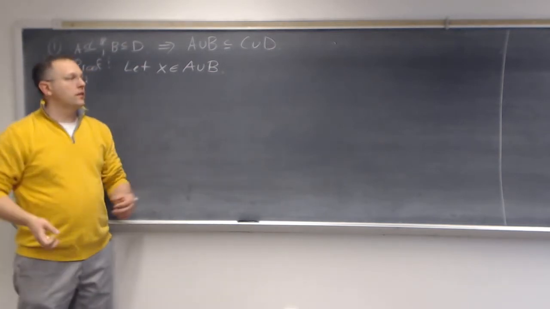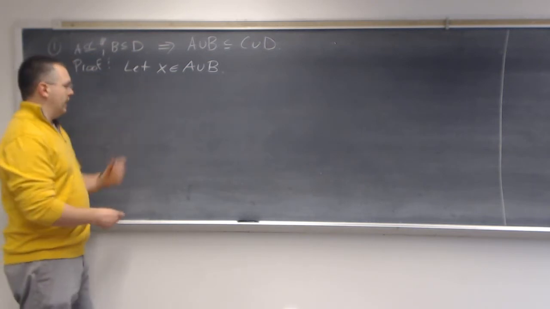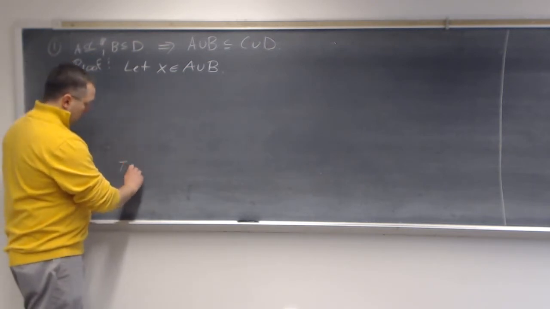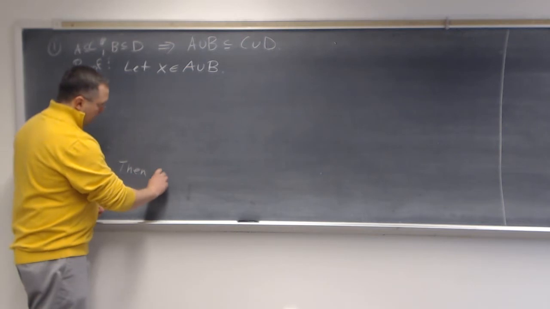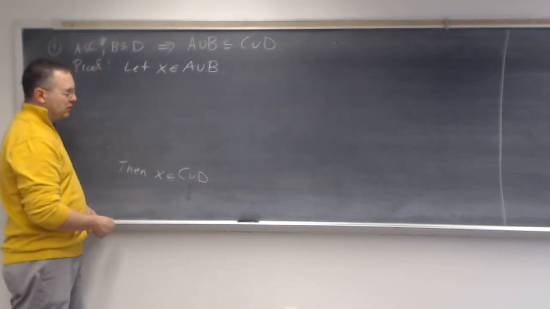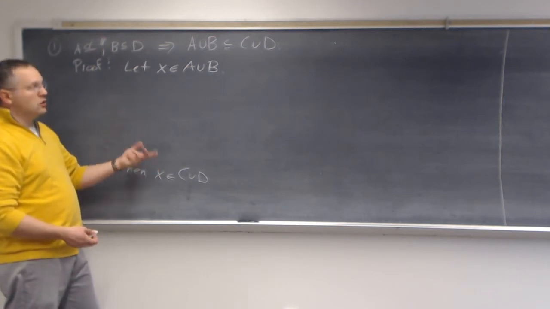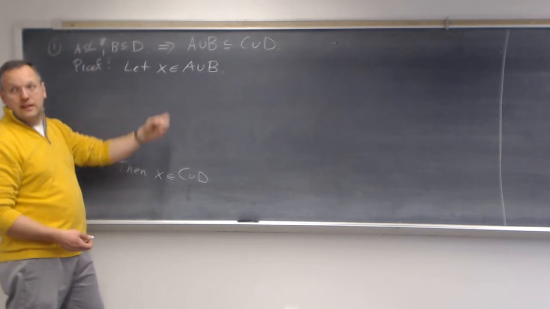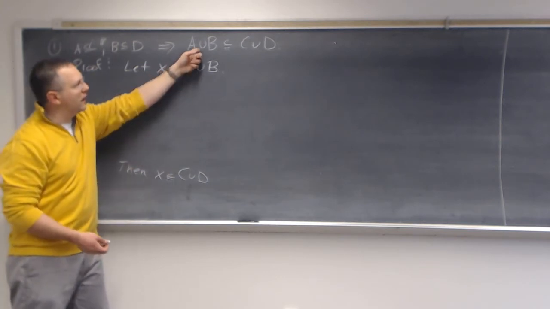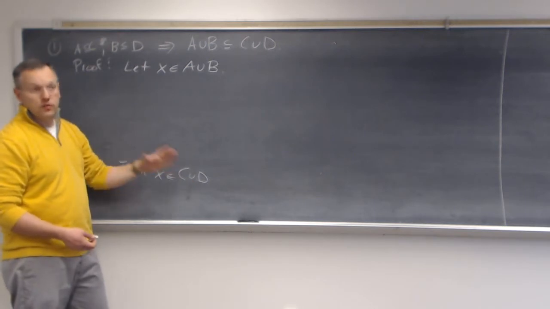Now, I like to give partial credit on proofs. If you wrote that, and then you wrote, then X is an element of C union D, and you didn't write anything else, I would give you partial credit, because it proves to me you understand the technique. You take an arbitrary element of this set, and you proceed until you get down to this point, that X is an element of this set.